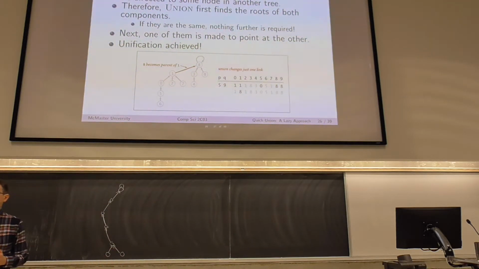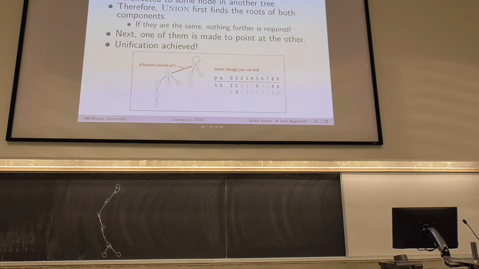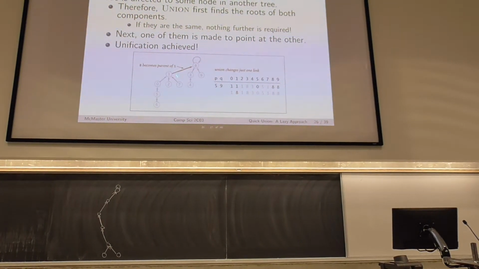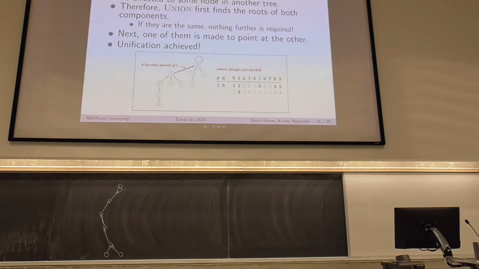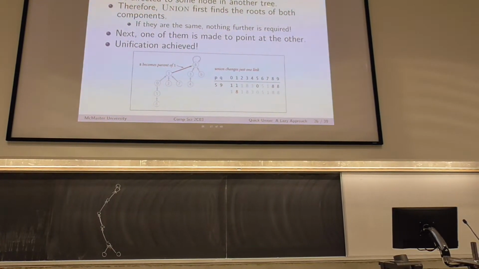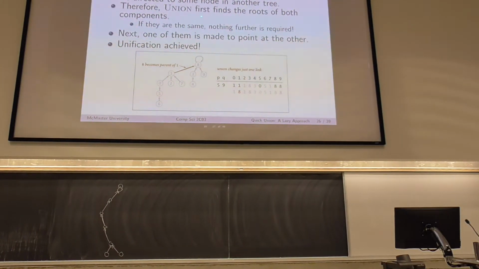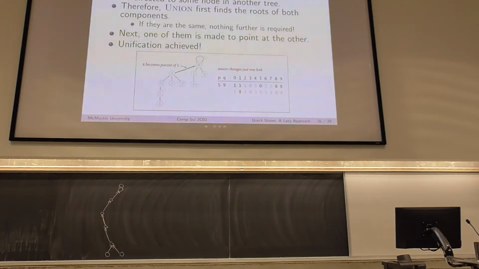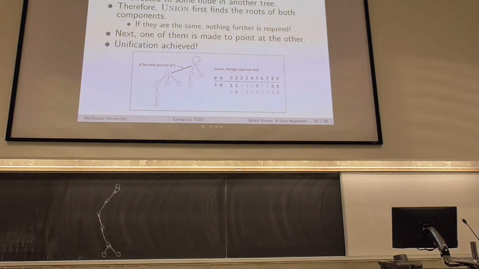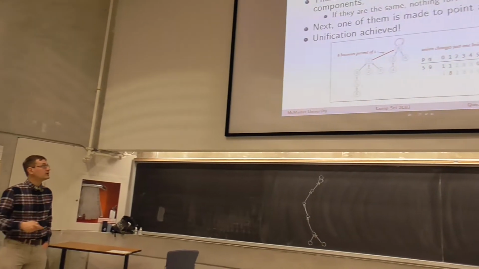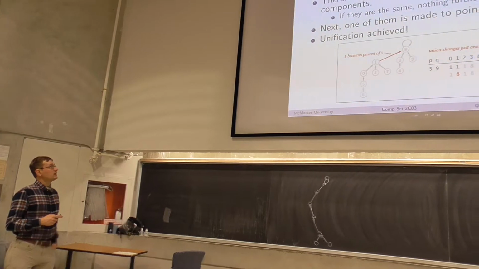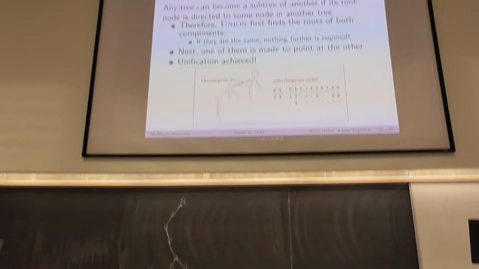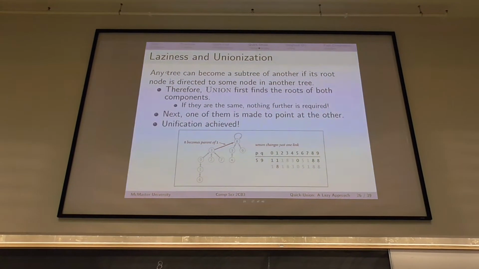Any questions about that? Good. So, any tree can become a subtree of another if its root node is directed to some node in the other tree. Therefore, union first finds the roots of both components. If they are the same, nothing further is required. Remember that we only connect things that are currently unconnected. Next, one of them is made to point to the other. Unification achieved.